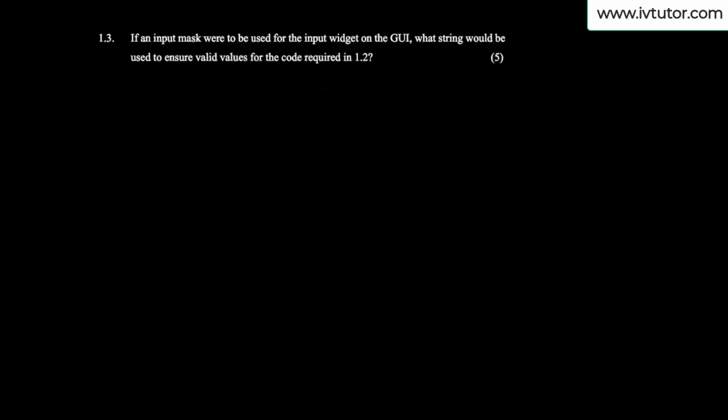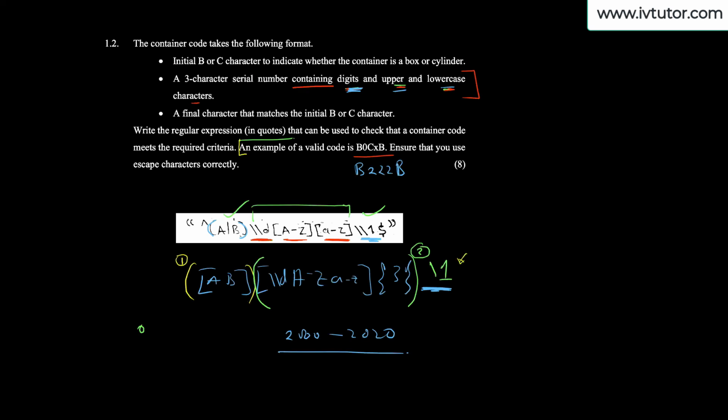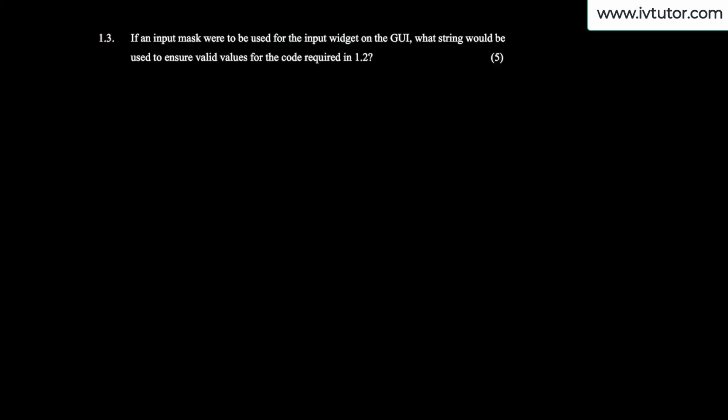All right. 1.3 then said an input mask, let me say that again. If an input mask were to be used for the input widget in the GUI, what string would be used to ensure valid values for the code required in 1.2? So it's the same regular expression, the same validation, but if we were going to use an input mask for this, what input mask would you create?